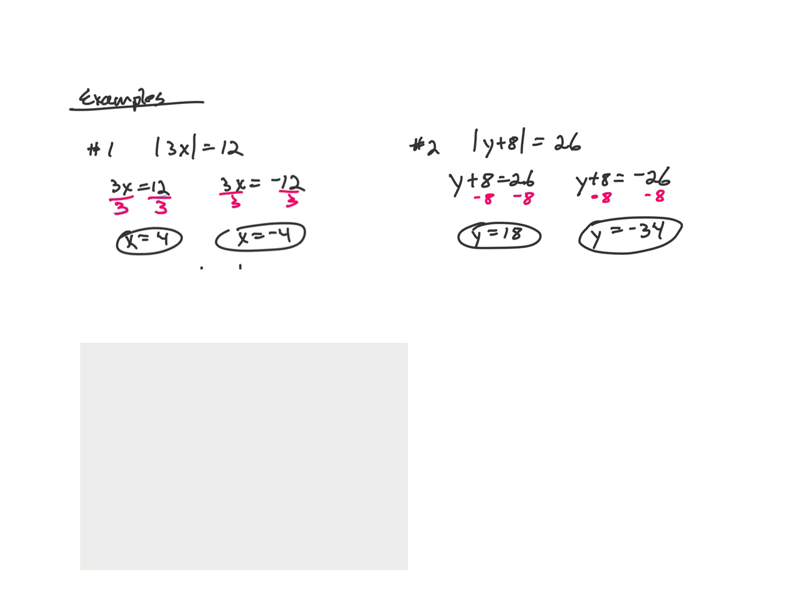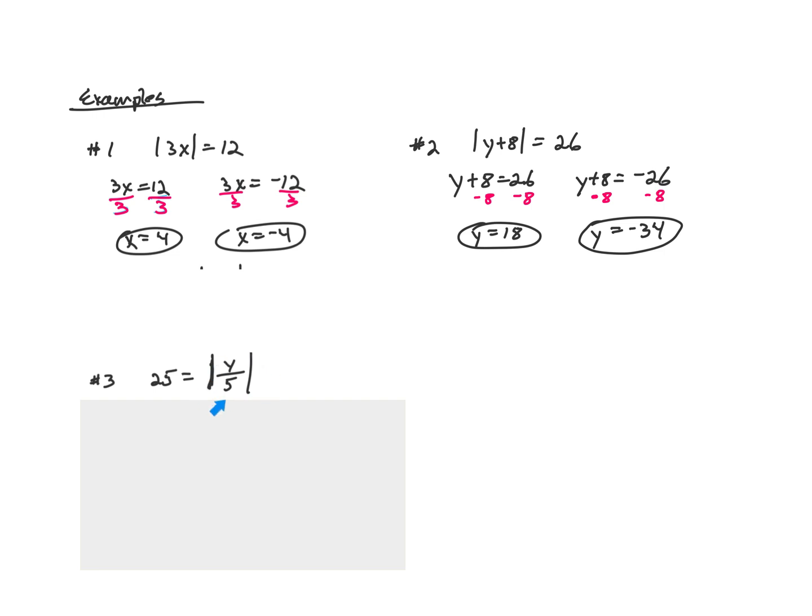Okay, let's take a look at this third example. The equation is 25 equals the absolute value of y divided by 5.